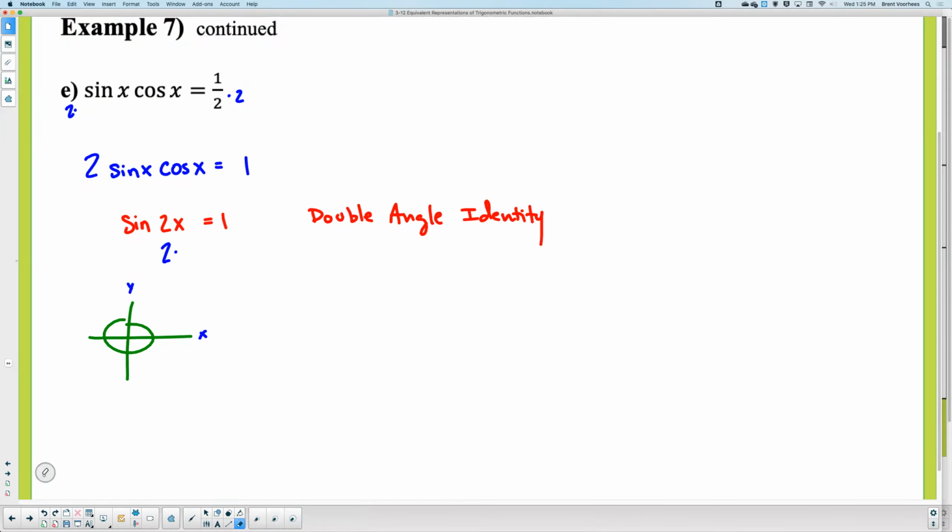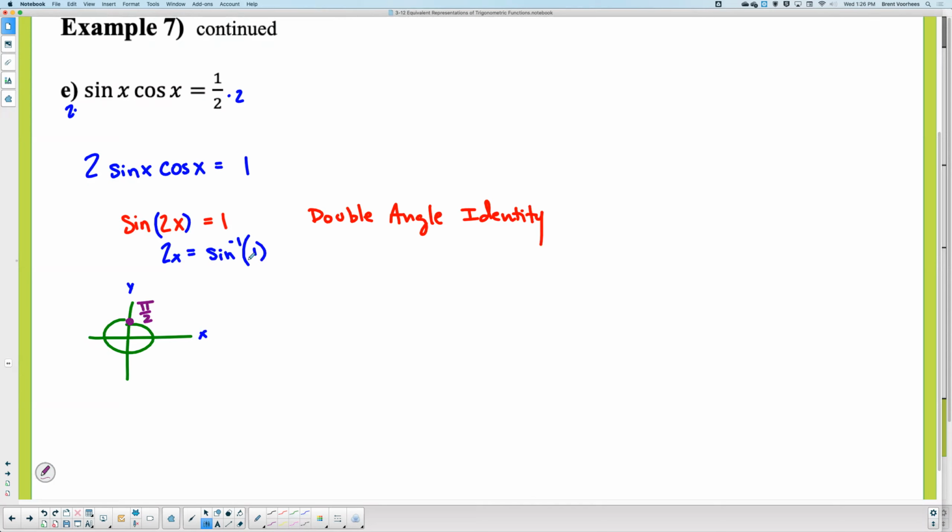We can't divide the 2 because that's inside the sine function. But what I can do is take its inverse. Where does sine equal 1? At half a pi. Sine is 1 at this location there, which is half of a pi.